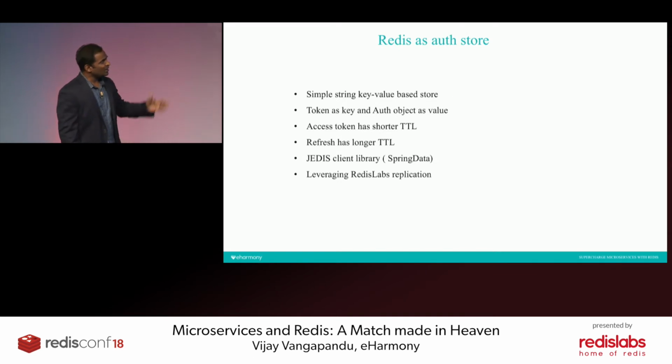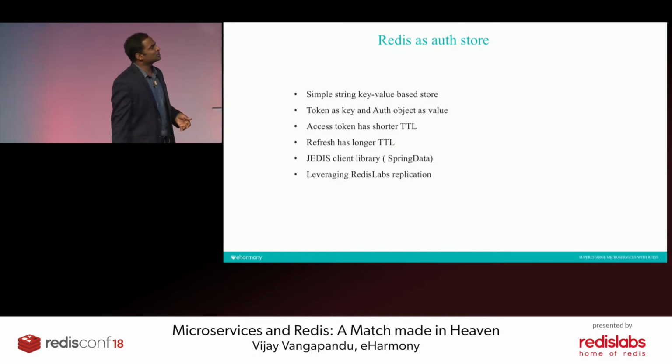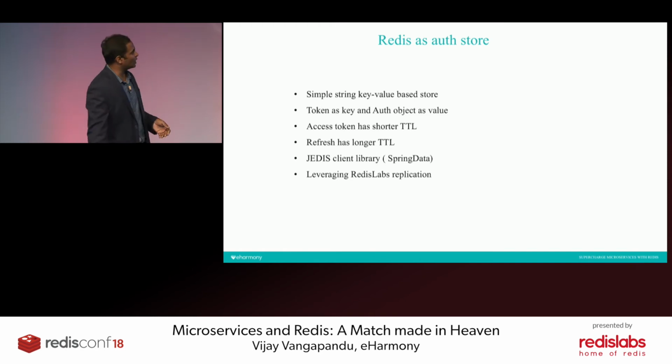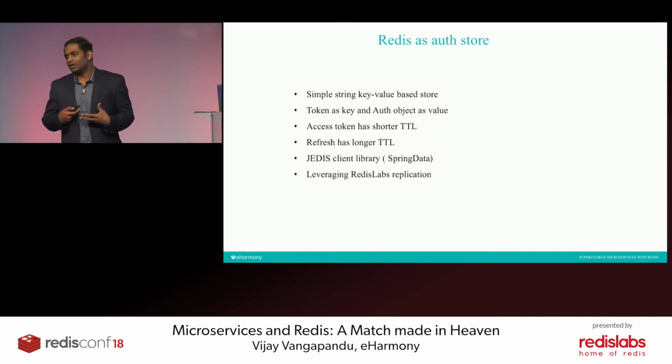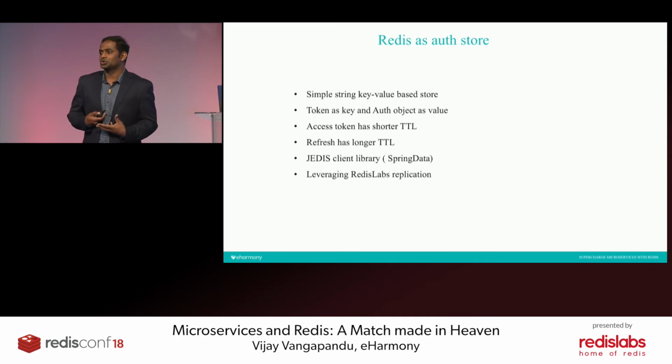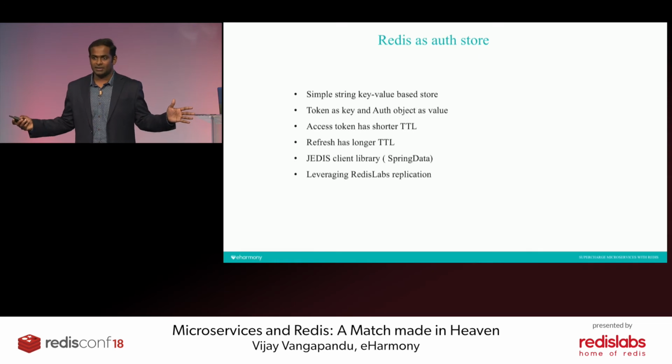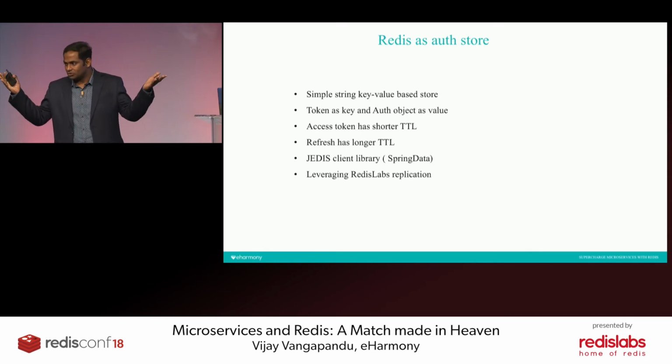Redis as an auth store is a simple string key-value store, with the token as key and the auth object as value. We have to have a TTL, so that's why we chose the simple string-based approach. Refresh tokens have a longer TTL. We are a Java shop, so we use Spring Data heavily, with Redis as the client library, and it works really well for us. We don't see any problems, so we keep using Redis.